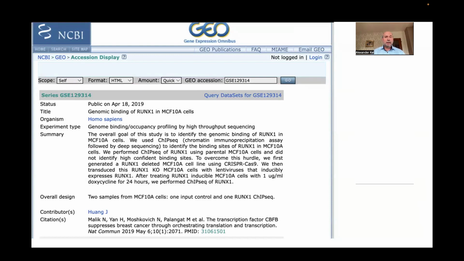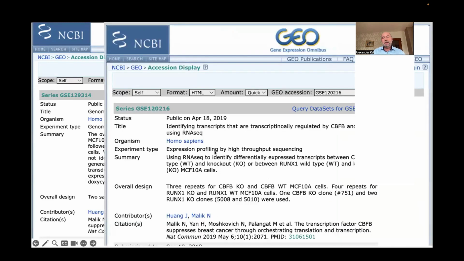To analyze that data, we took data from Gene Expression Omnibus, where in 2019 a group of authors did a ChIP-seq experiment with the RUNX1 transcription factor in a particular cell line. The same people also did a transcriptomics experiment.